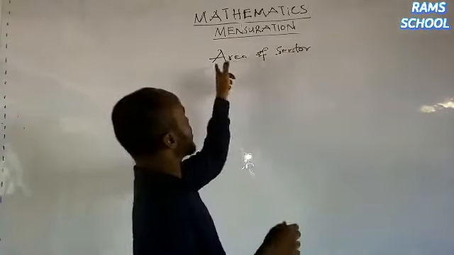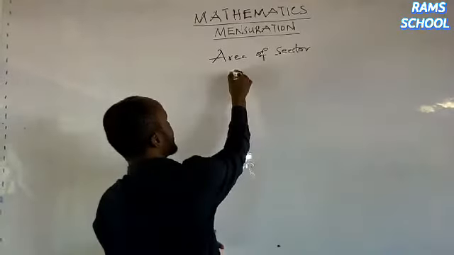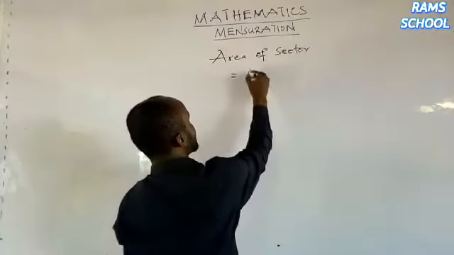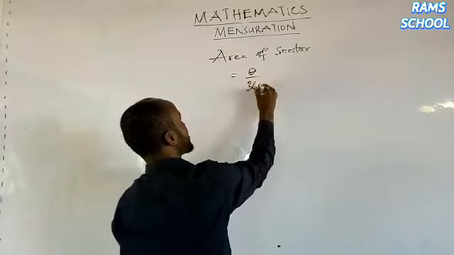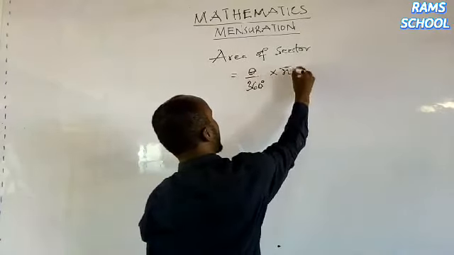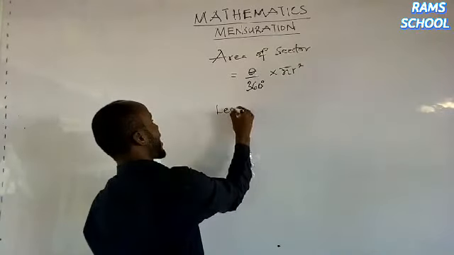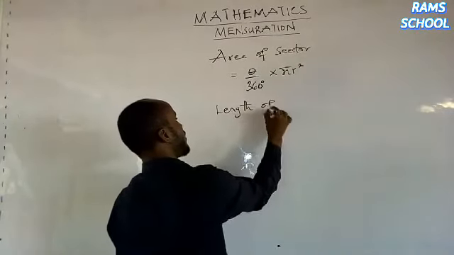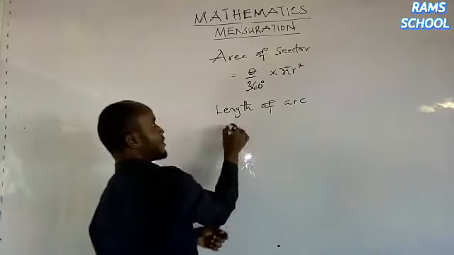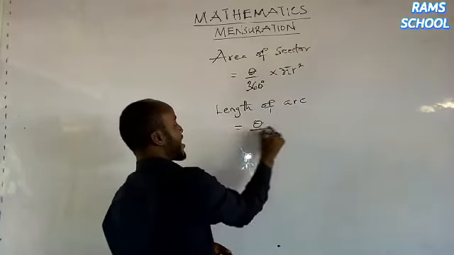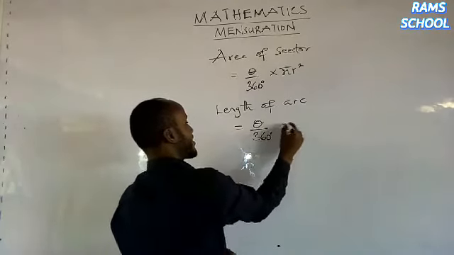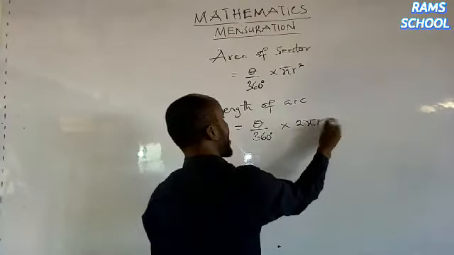So in our previous lesson, we looked at the area of a sector being given by the formula theta out of 360 degrees times pi r squared. Then we also looked at the length of an arc, also given by the formula theta out of 360 degrees times 2 pi r.